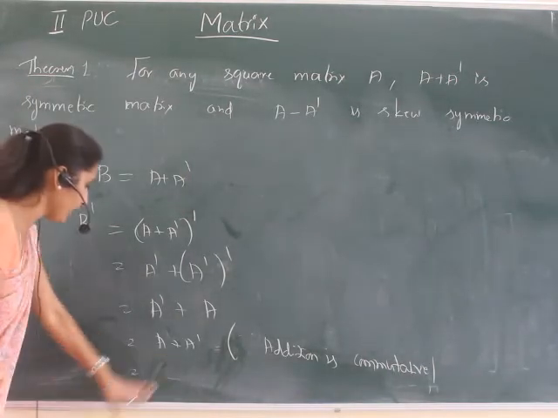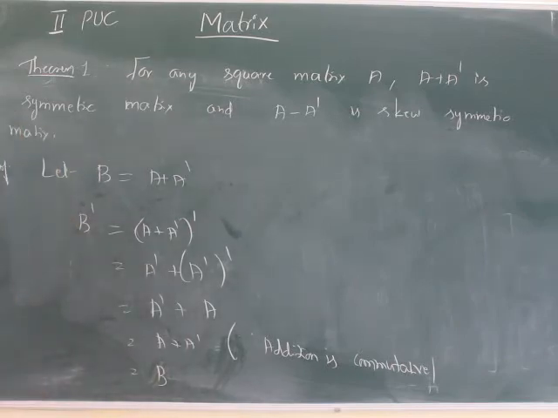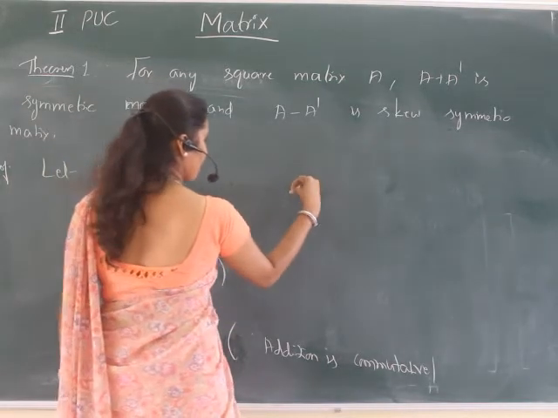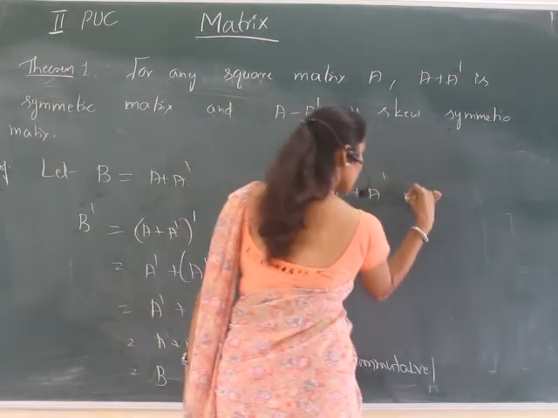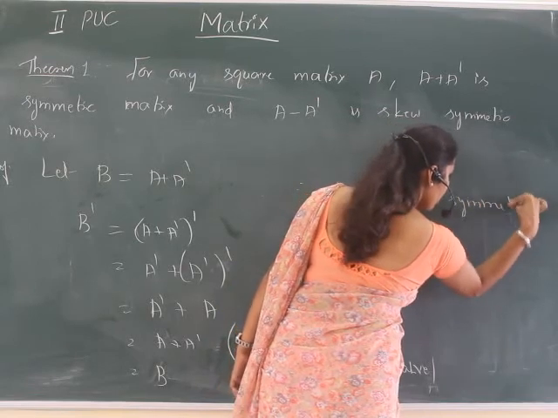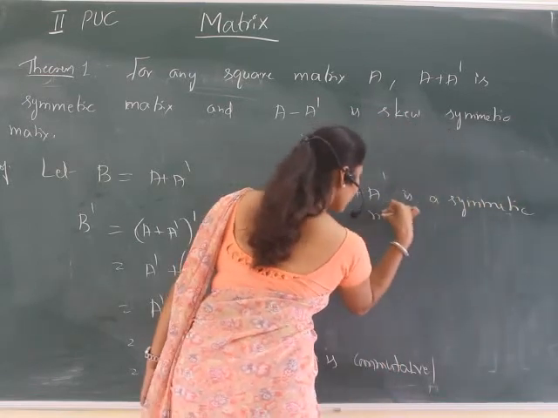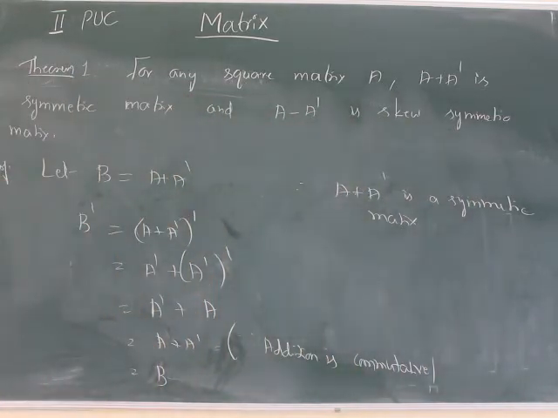Therefore, B transpose is equal to B. Therefore, A plus A transpose is a symmetric matrix. So this is the proof for the symmetric matrix.